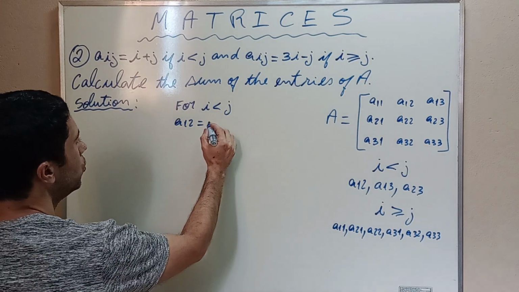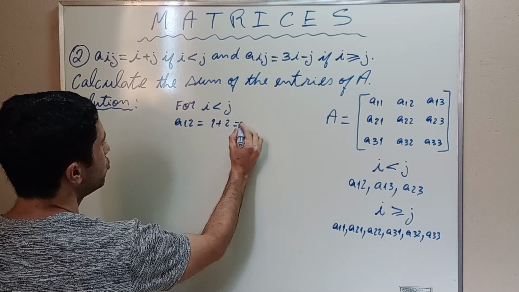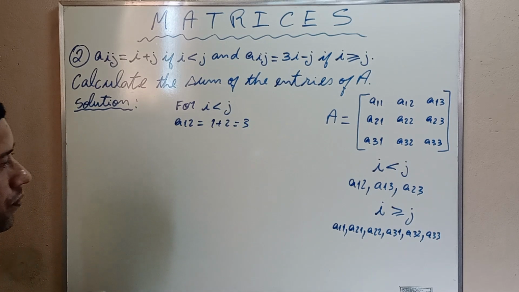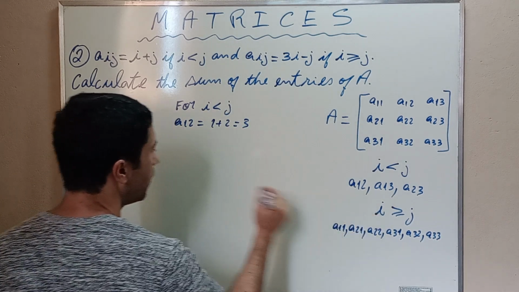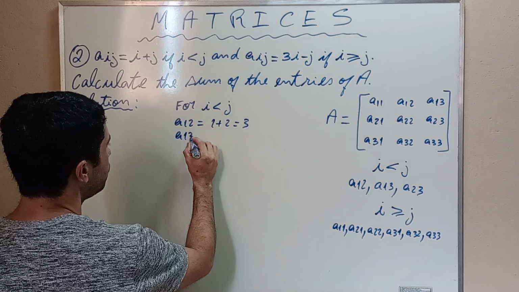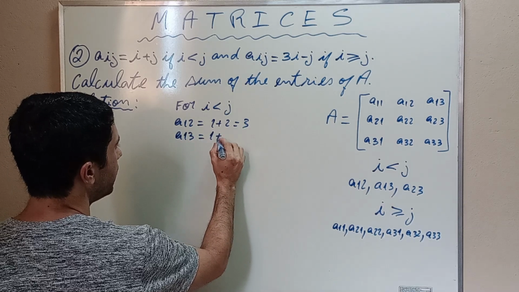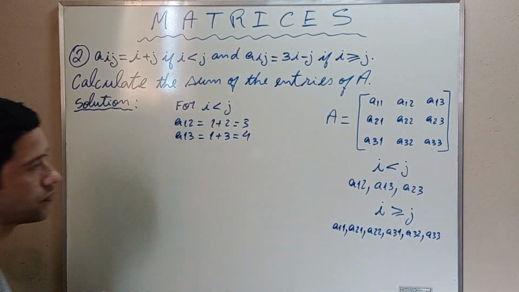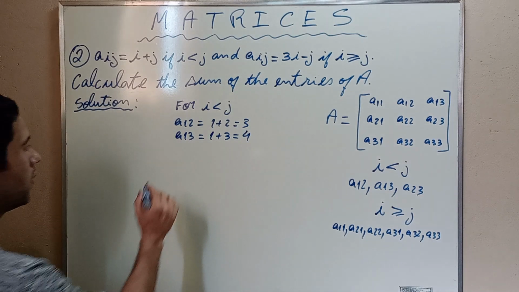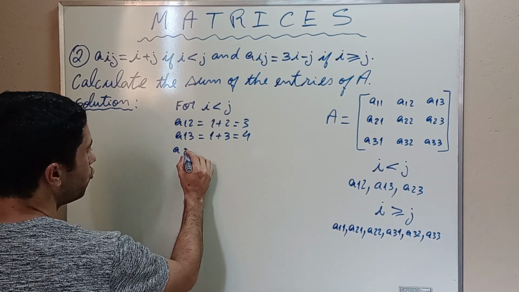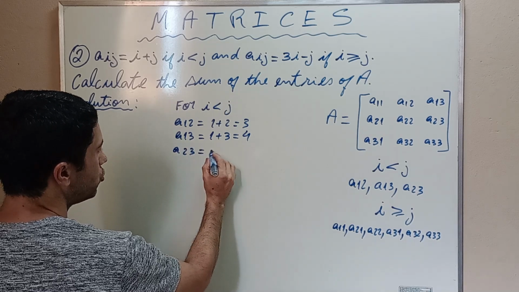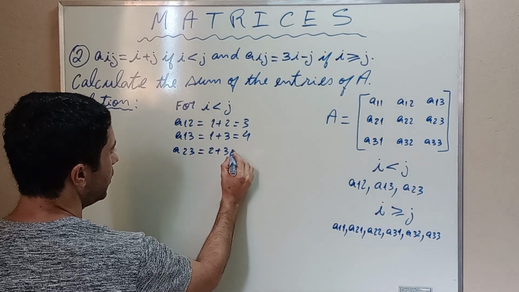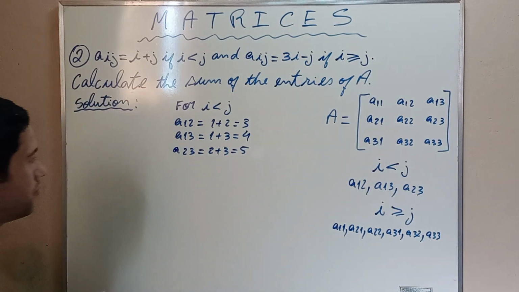Then it is 1 plus 2 equal to 3. The next one, A13 is equal to 1 plus 3, which is equal to 4. And the last one, A23 equal to 2 plus 3, and this is equal to 5.